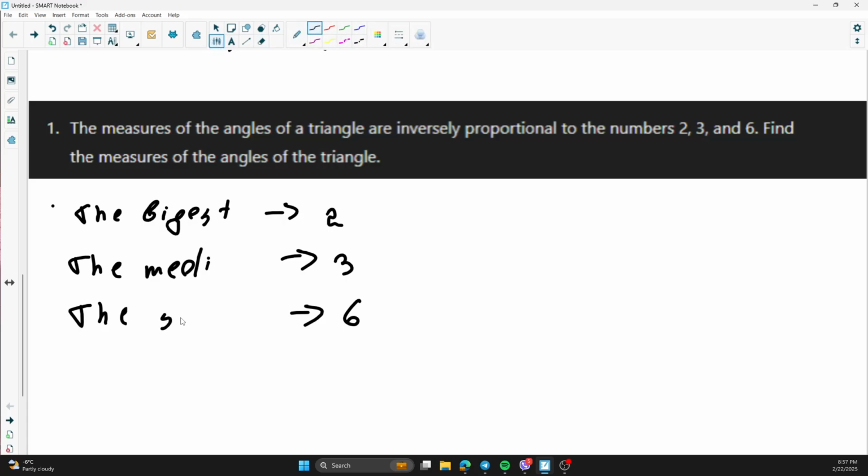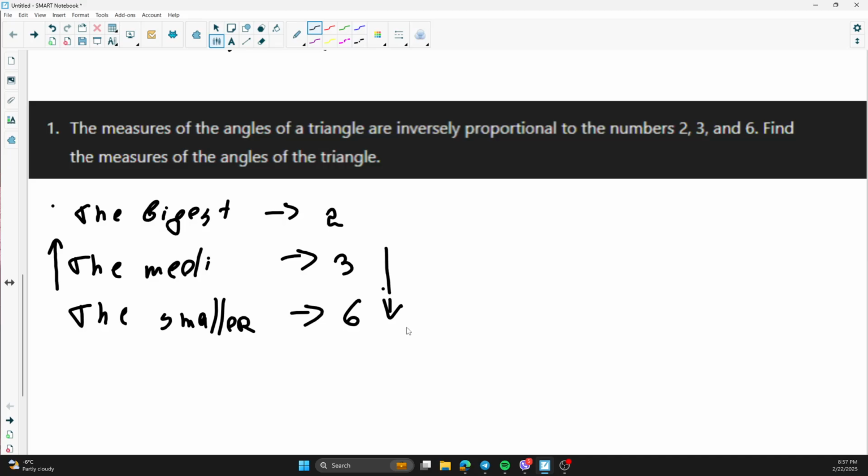Biggest, medium, and smallest. I forgot biggest and larger are the same thing. Okay, so as the angles are decreasing, the numbers are increasing, right? The constants are decreasing.